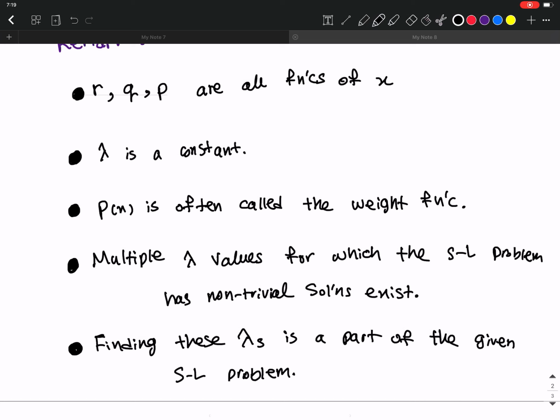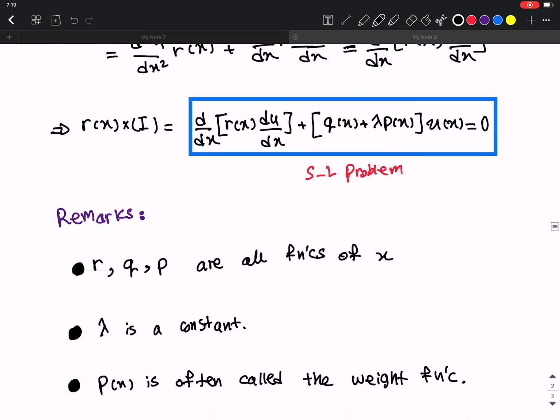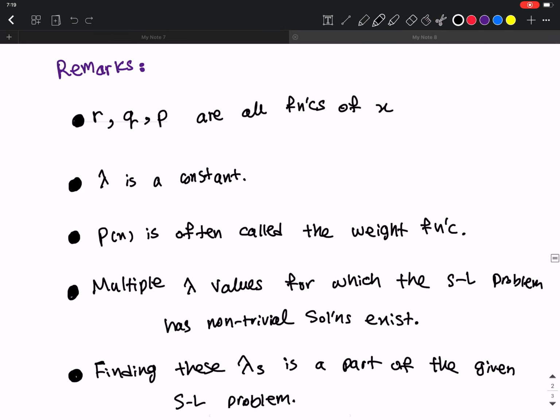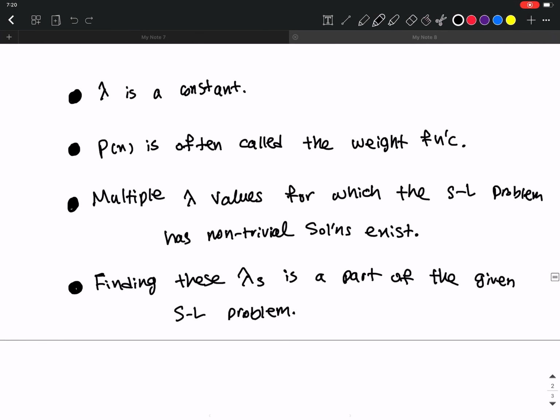So when you have a Sturm-Liouville problem, finding the corresponding lambdas for which we have non-trivial solutions is part of the given problem in Sturm-Liouville type of problems.